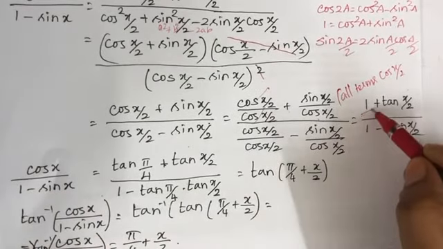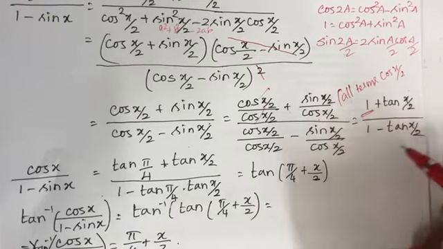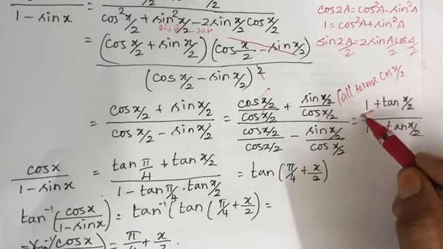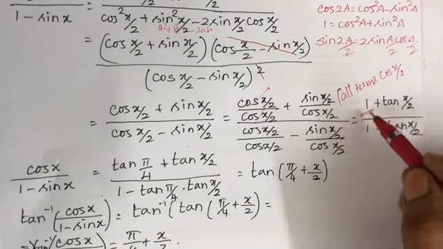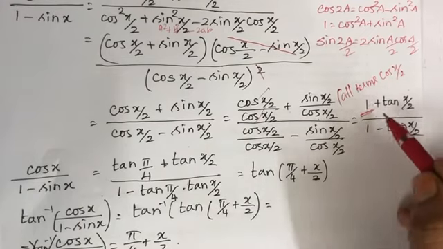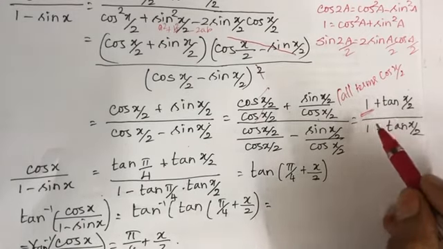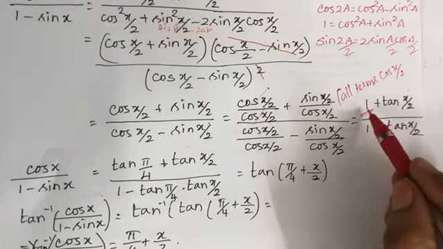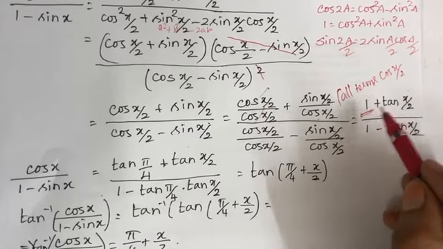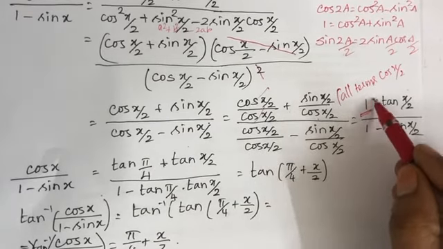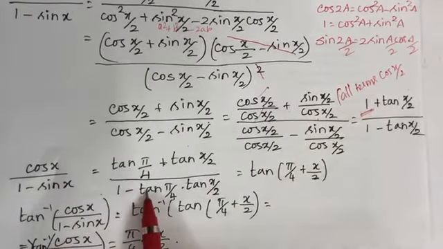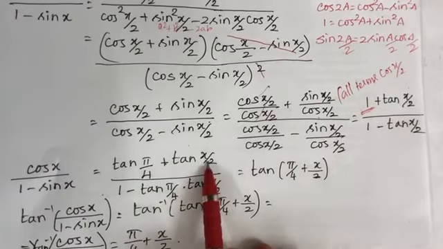Here we have 1. So, to bring it to the formula, we can write this 1 also in terms of tan. For which value of tan do we get 1? Tan 45. Tan 45 is equal to 1. That is tan pi by 4. So, I write 1 as tan pi by 4 plus tan x by 2.